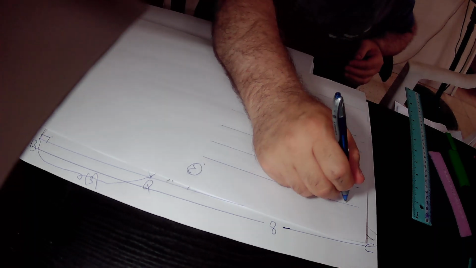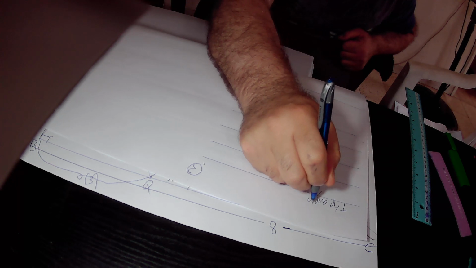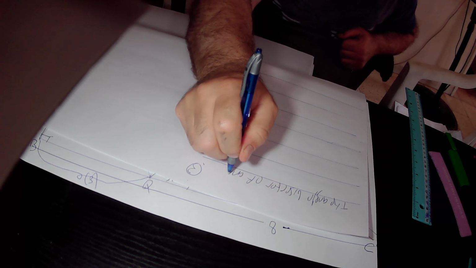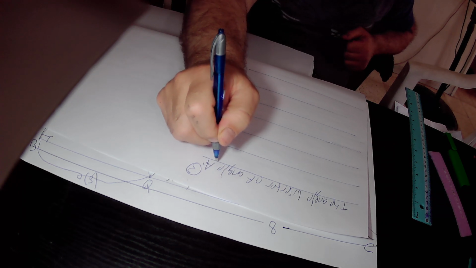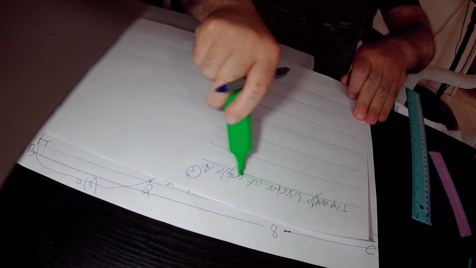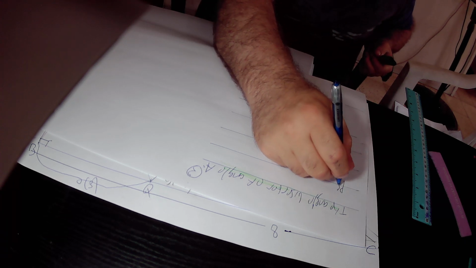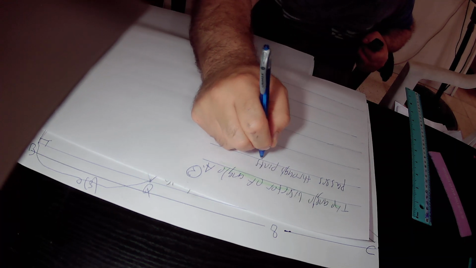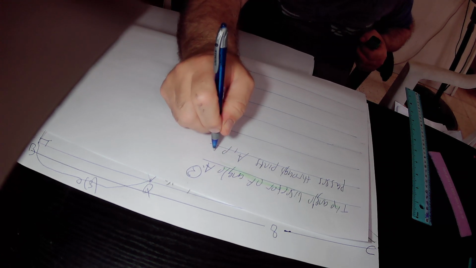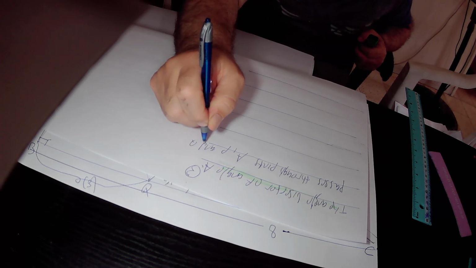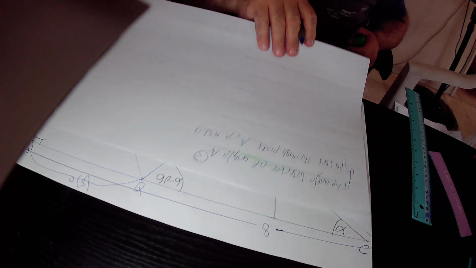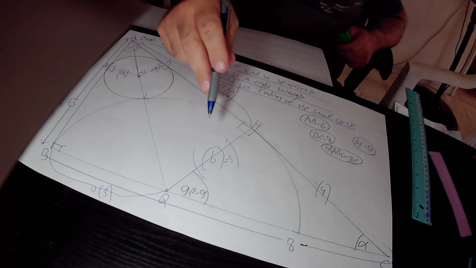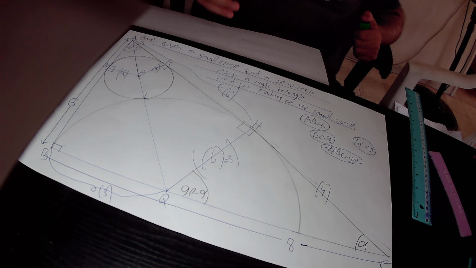In conclusion, we found out that the angle bisector of angle A passes through points A, P, and Q. And again, the angle bisector of this angle A passes through points A, P, and Q. But the angle bisector of any angle is a straight line.